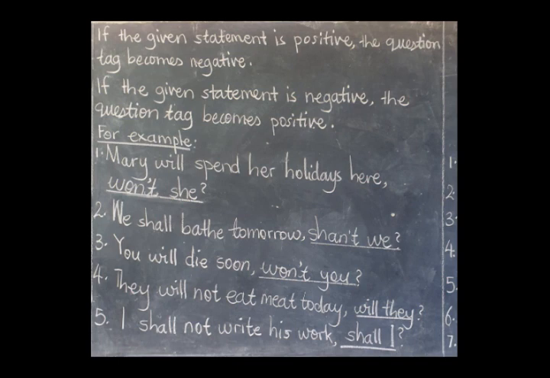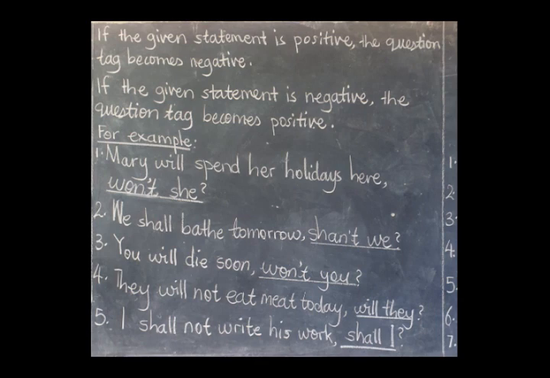So, we shall bathe tomorrow. We have used the pronoun we, which refers to plural. The helping verb is shall, which means we are going to use the two, we and shall, to form the question tag.